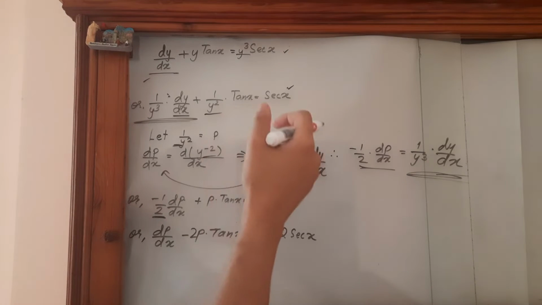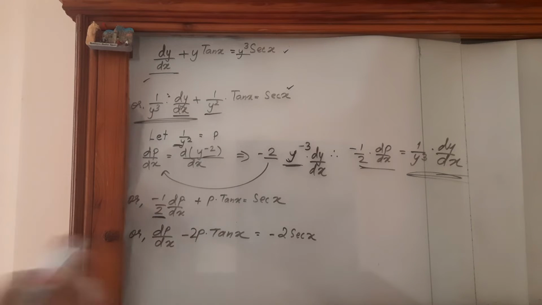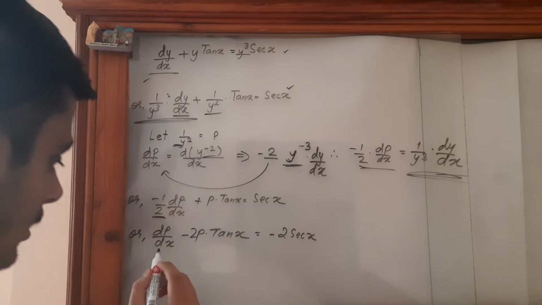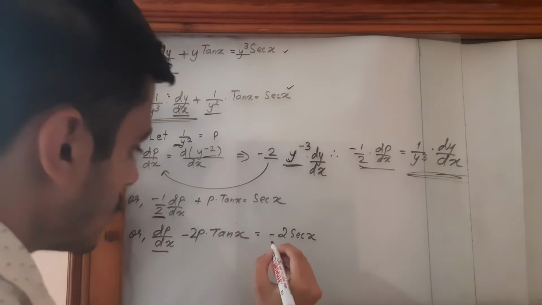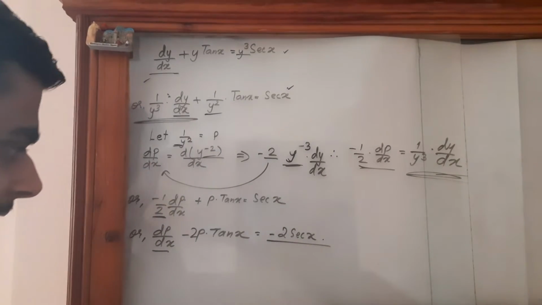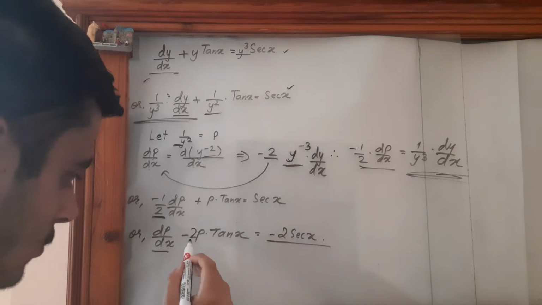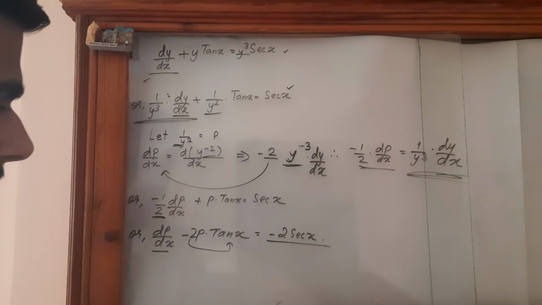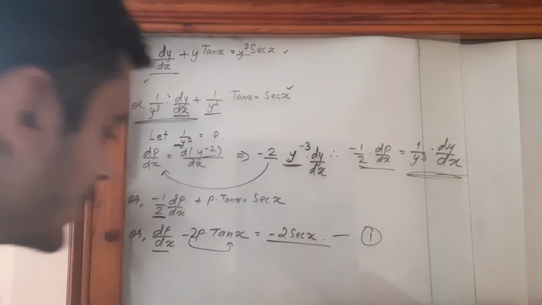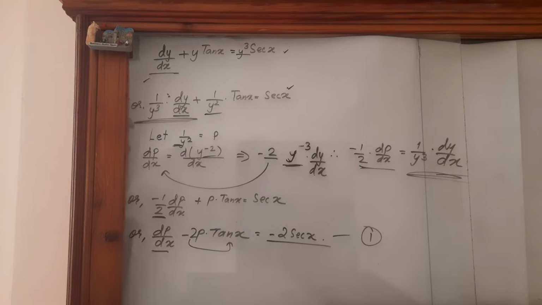We changed it from dy over dx to dp over dx. That's totally fine. Yes, the coefficient is 1. There's no term containing p over here. Yes, and we've got 2 tan x, which is comparable to p. So yes, this is the standard form. You can consider it to be the standard form.